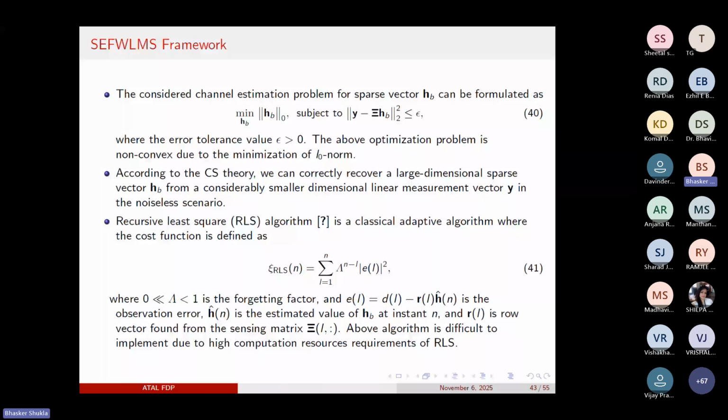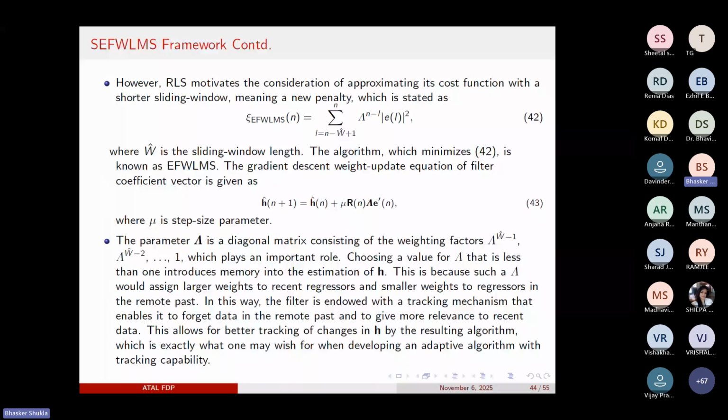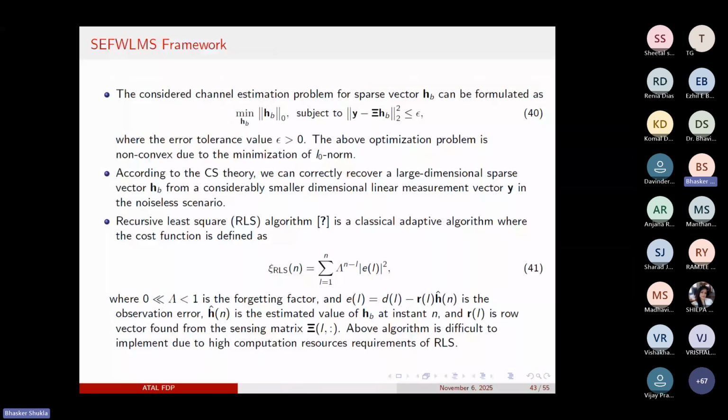and EL is given by this equation, and here H hat is the estimated part. RLS motivates the consideration of approximation in the cost function with a shorter sliding window, because if we take this equation, it is very complex in nature, as the size of delta is quite large.